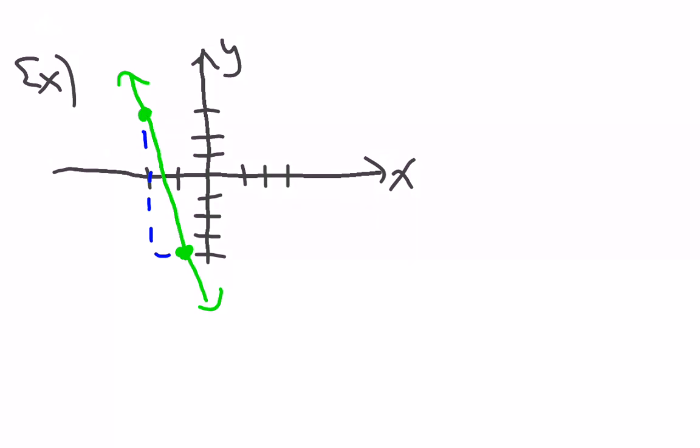So from this point on the top to the point on the bottom, how many does it go up? So let's count. 1, 2, 3, 4, 5, 6, 7. So there are 7 spaces between the two. And then how many spaces does it go over? So looks like 1.